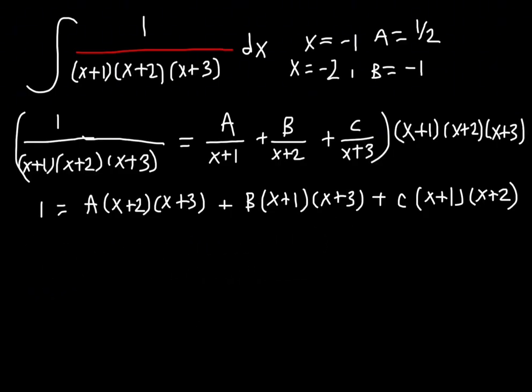Now to solve for c, I need to make a and b 0. So I notice that they have these x plus 3 factors. So I'm going to sub x with -3.